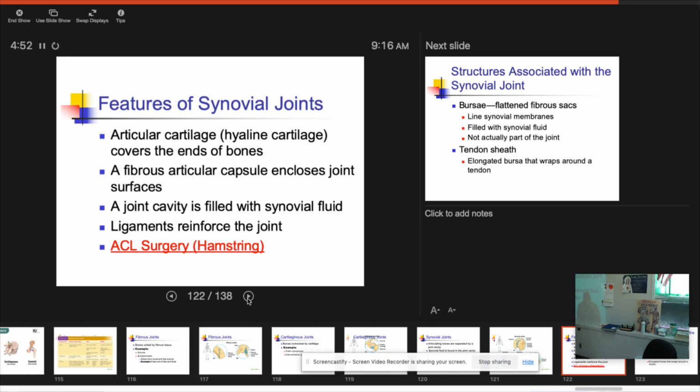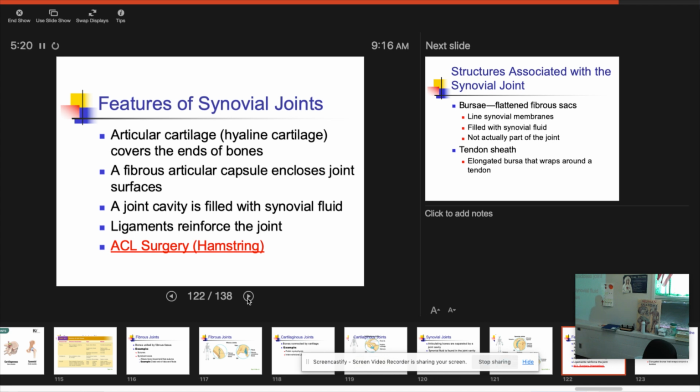So we have an anterior cruciate ligament. Okay, that's this one, anterior cruciate. And then we have posterior cruciate, which starts in the back and crosses the other way. I'm upside down here.